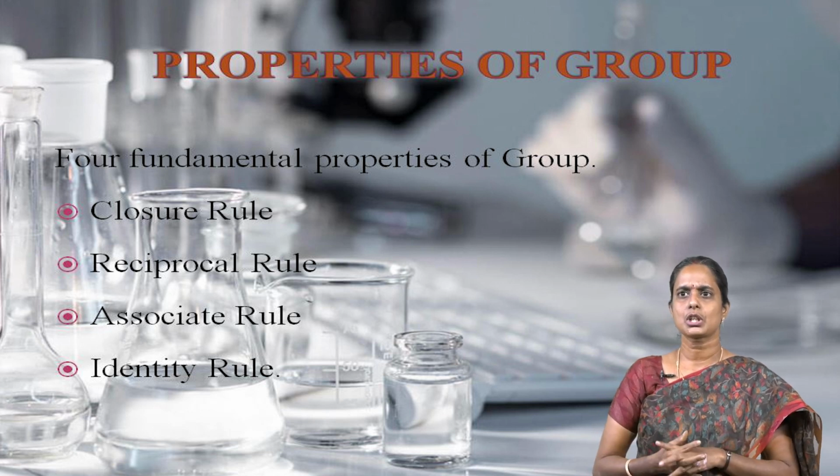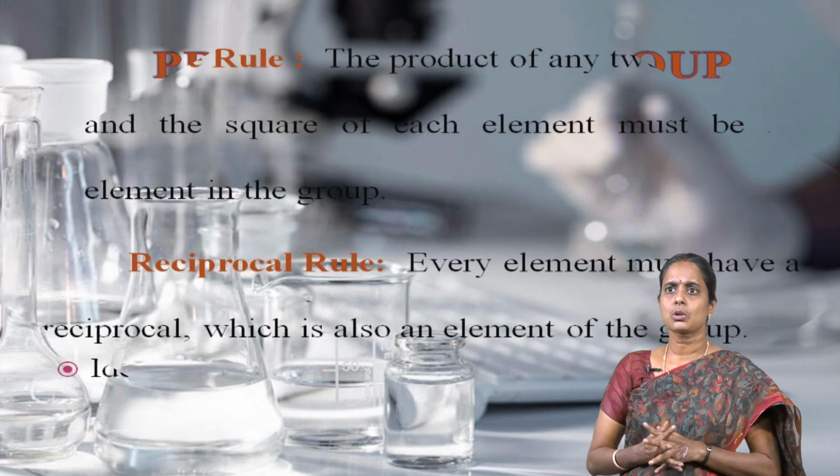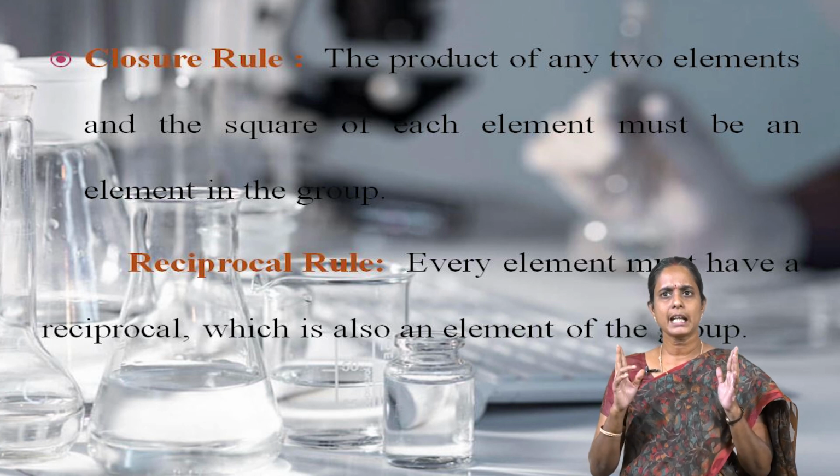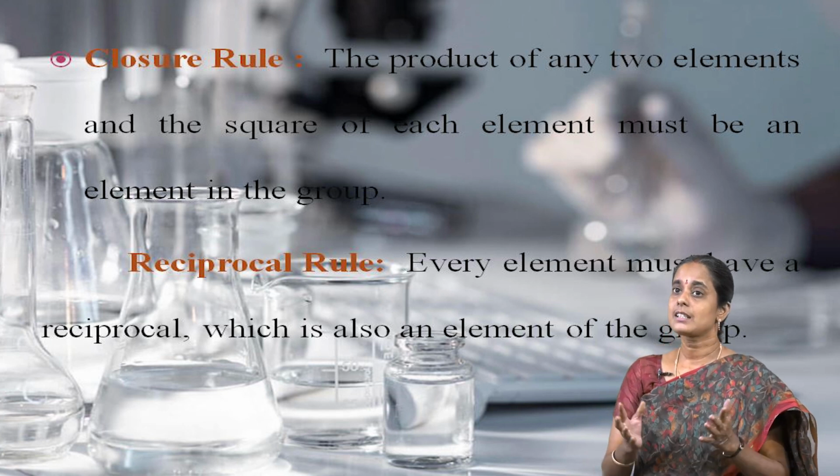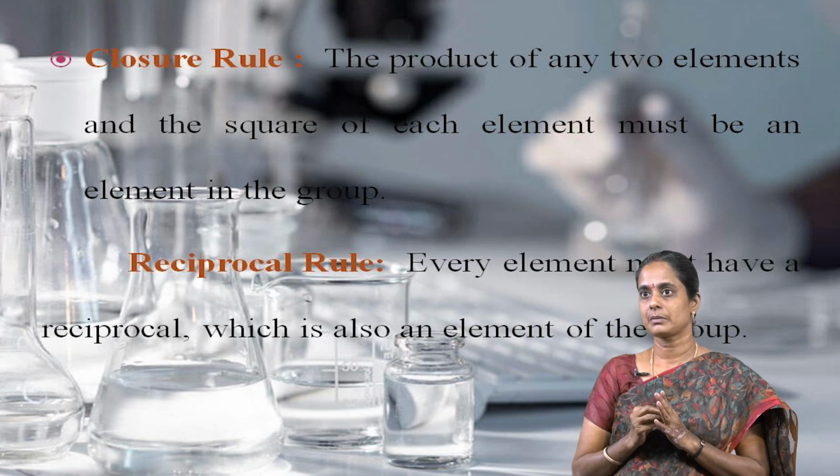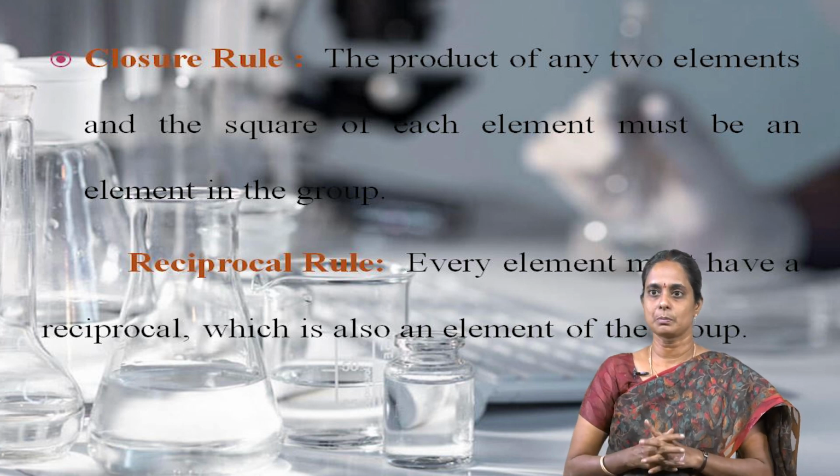First we see the closure rule. In the closure rule, the product of any 2 elements and the square of each element must be an element in the group.